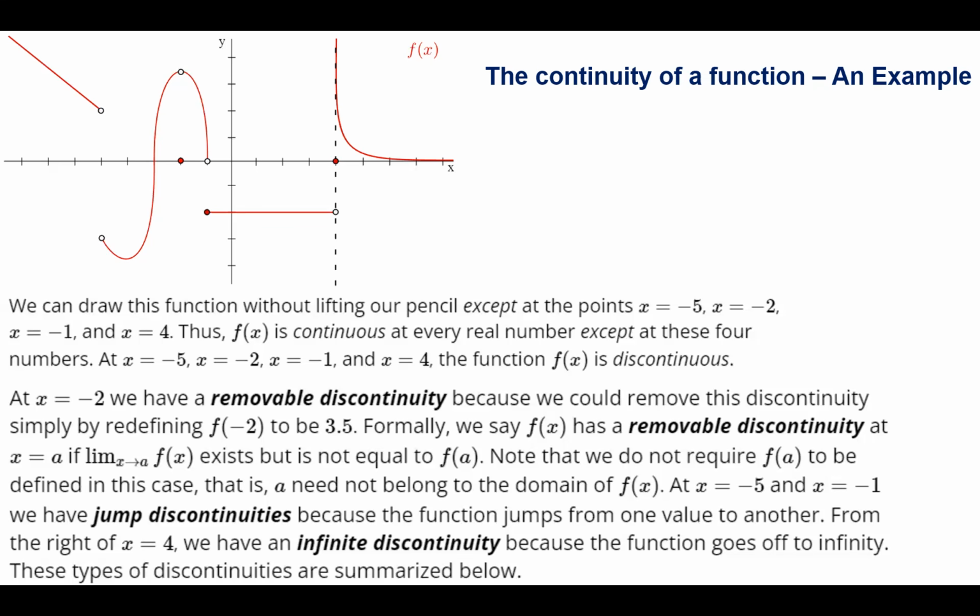These types of discontinuities are summarized below. So note here, we have 3 types of discontinuities, okay? So you need to differentiate the 3 types of discontinuities: removable, jump, or infinite, okay? So let's make a summary below.